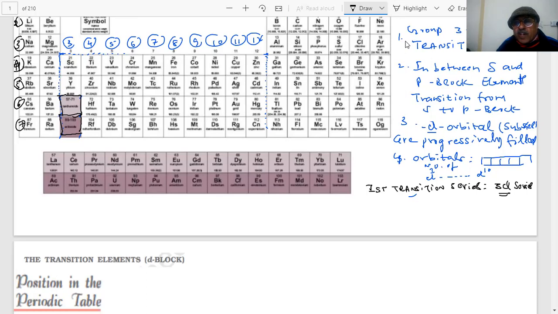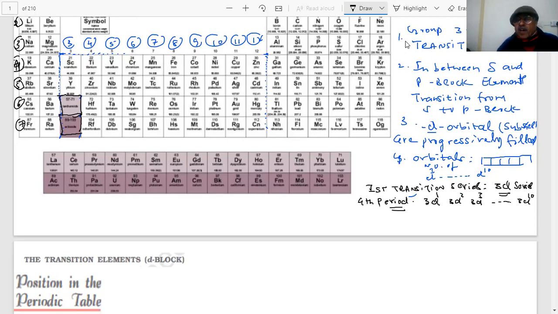This is which period? Fourth period, because the first d orbital will be in 3d. There is no 2d. So the fourth period will have 3d1, 3d2, 3d3 up to 3d10.